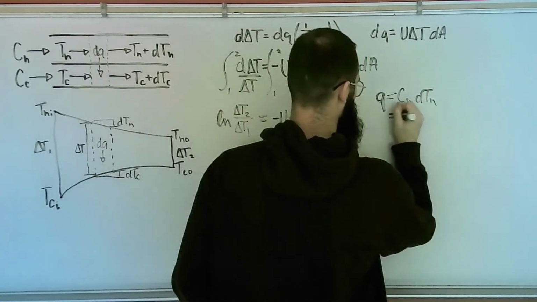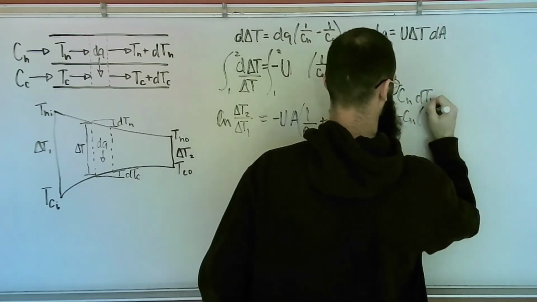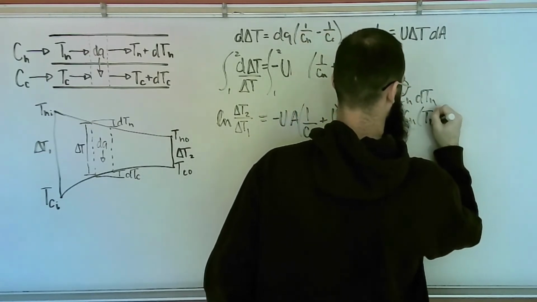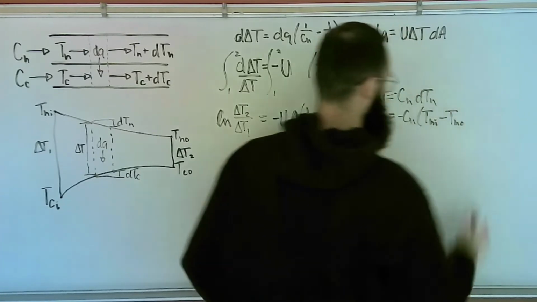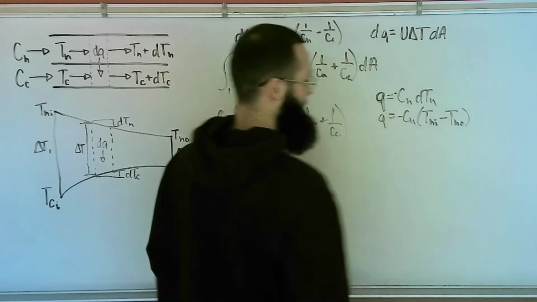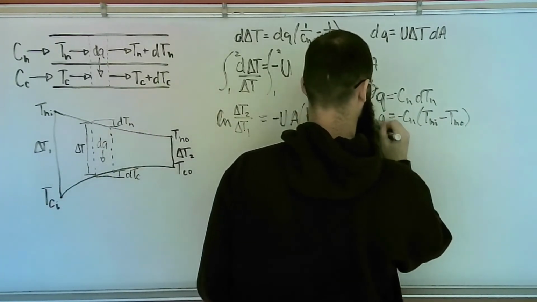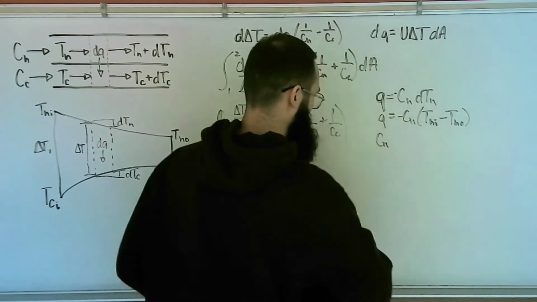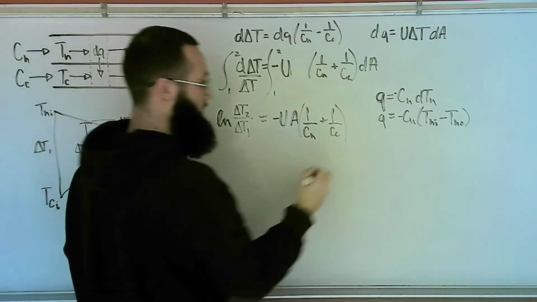And just to expand this a little bit, this is going to be equal to negative Ch times Th initial minus Th outlet. And so to get the Ch on its own, we're actually going to have 1 over Ch, because that's what we actually want to plug in.